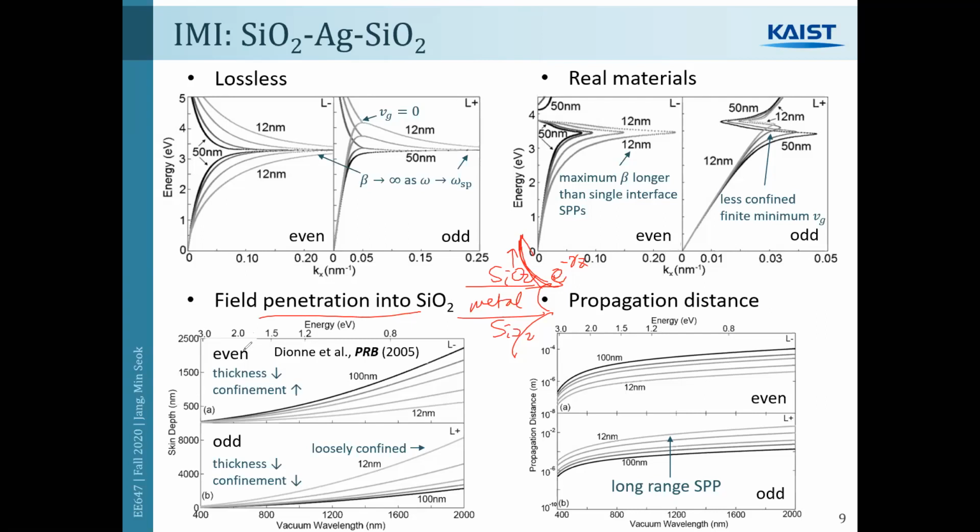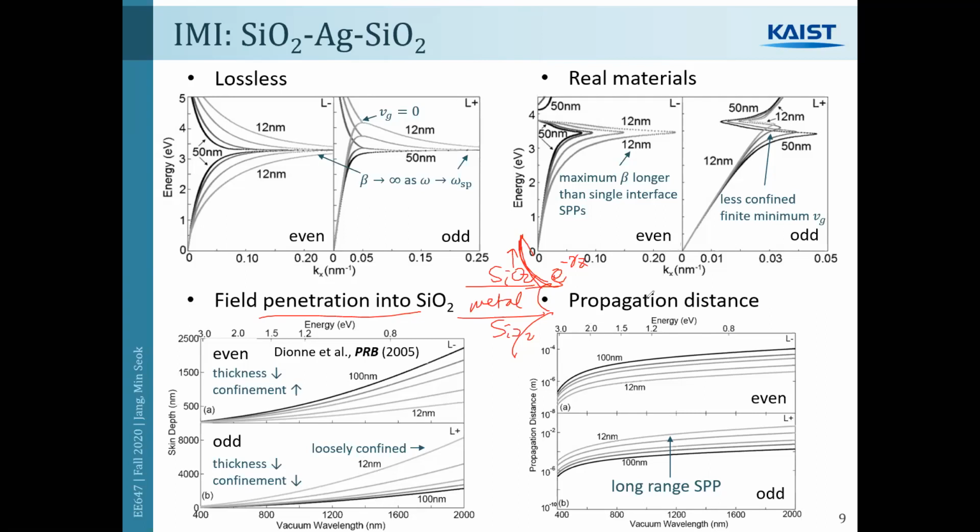For the even mode, as the thickness of the metal gets smaller and smaller, the skin depth also gets smaller, which means if you make the device thinner, confinement goes up. For the odd mode, it's exactly the opposite. If you make the device thinner, the confinement actually becomes looser compared to the single interface.